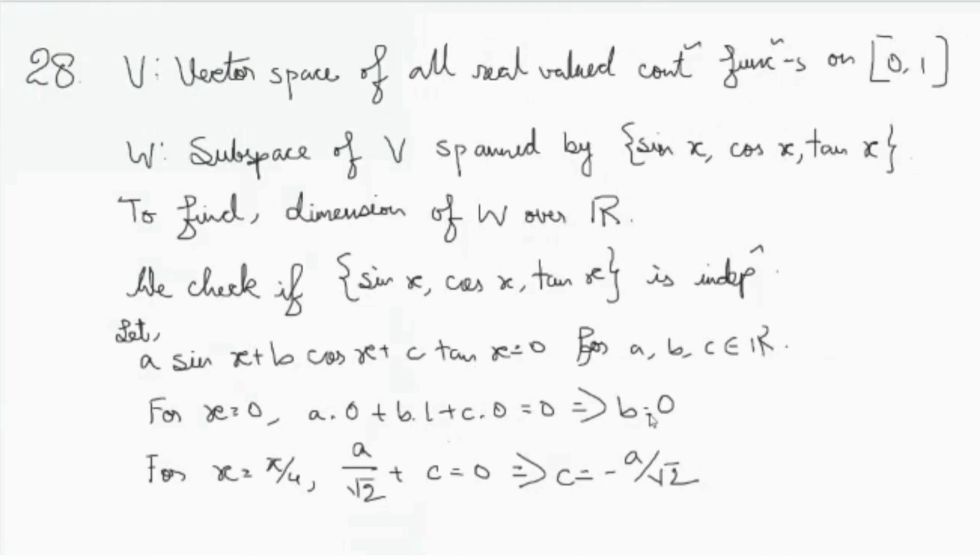So b is equal to 0. Next we consider x equal to pi by 4. Then a sin x is a by root 2, b is already 0, and c tan x is c. So a by root 2 plus c is equal to 0. So c is equal to minus a by root 2.